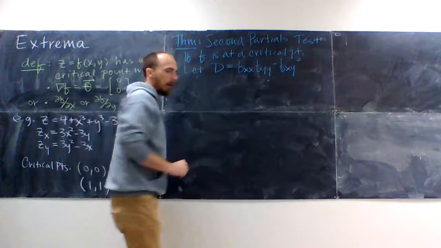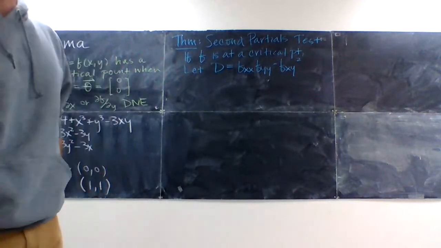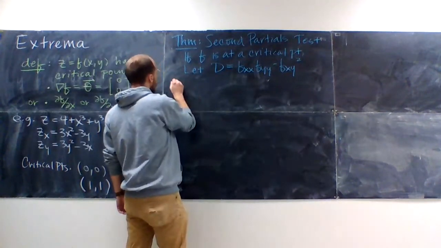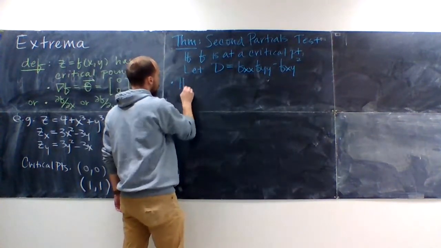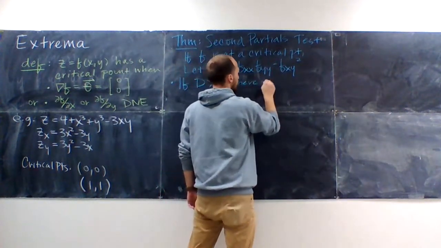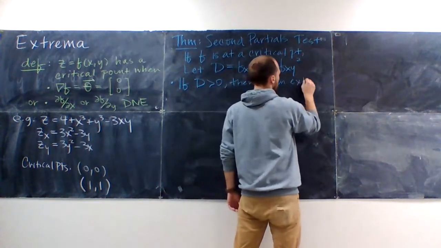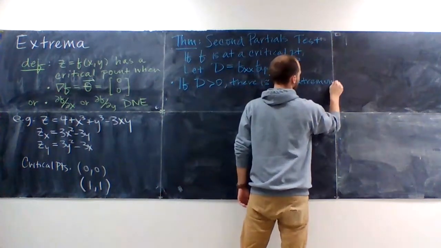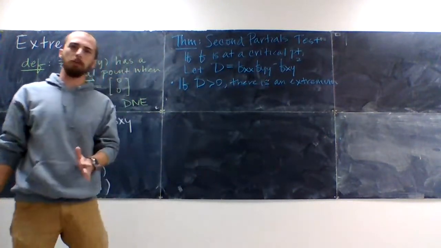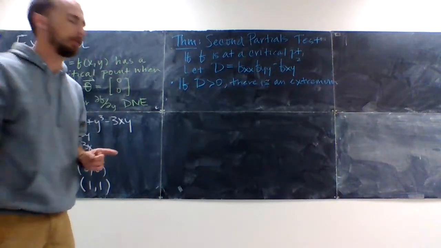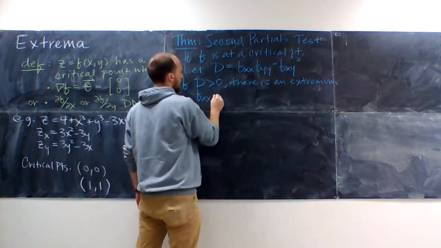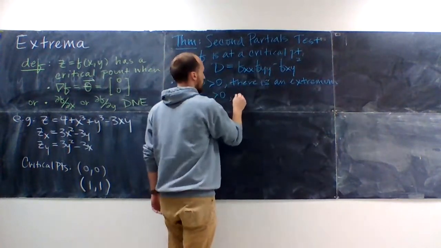If D is positive, then we will have an extremum. Okay, and underneath that heading, we look at the second partial of f with respect to x both times. So from here, if fxx is positive, that's a local minimum.